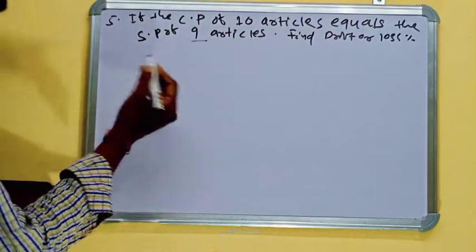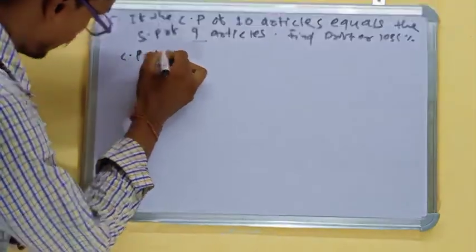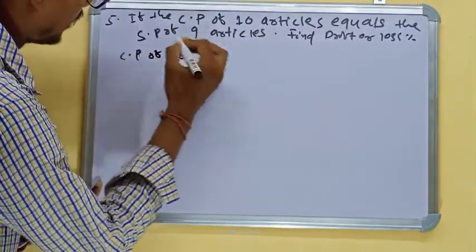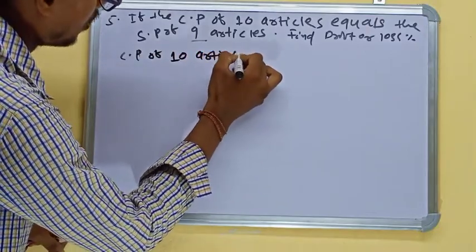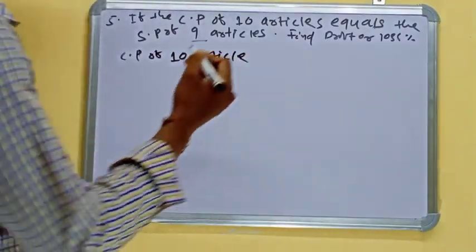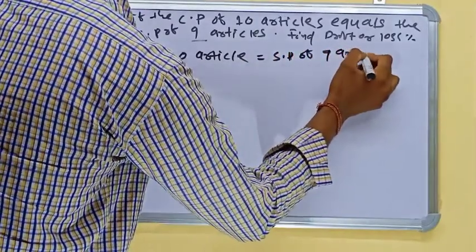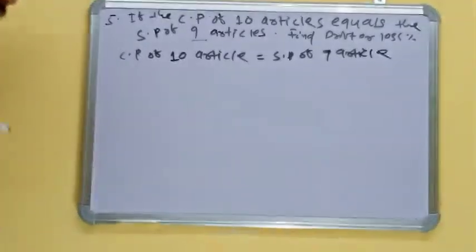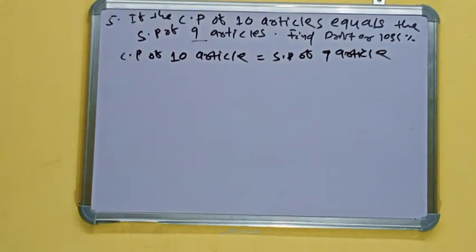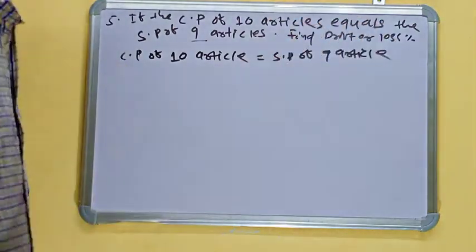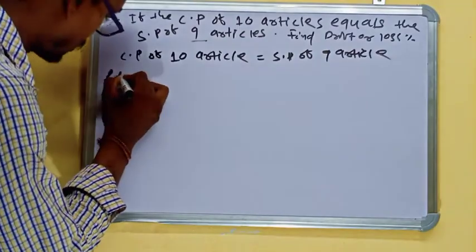Here the CP of 10 articles is equal to the SP of 9 articles. Then how to find the profit or loss percentage? Let's start the answer.